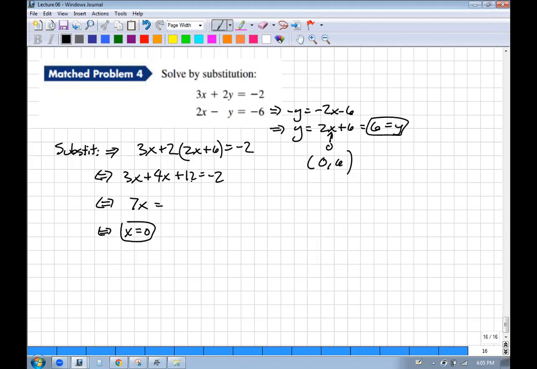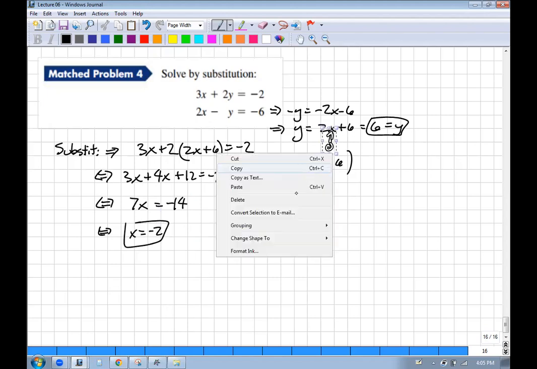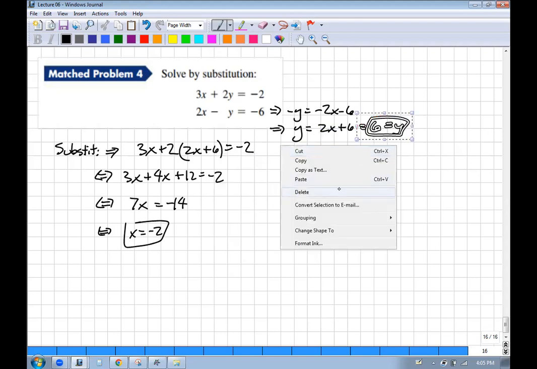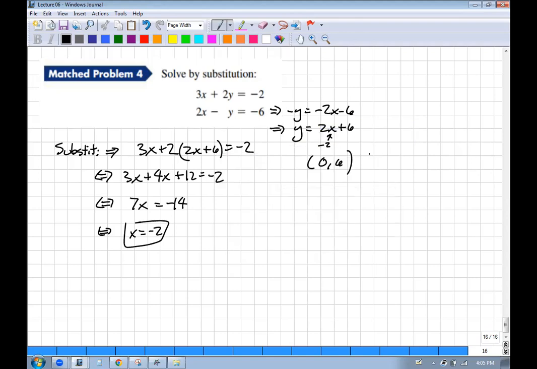Negative 2 minus 12 is negative 14. So x should be minus 2. So if I replace x with a minus 2, I get 2 times minus 2 plus 6, minus 4 plus 6, which is 2. So I have a minus 2 and a positive 2 for my solution.